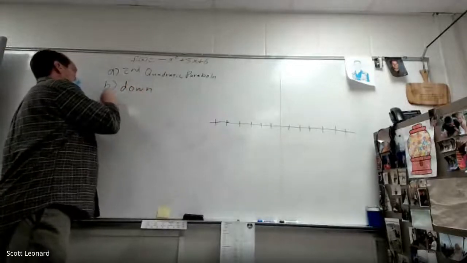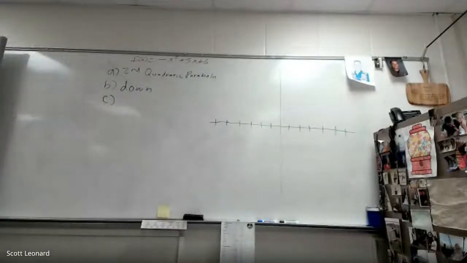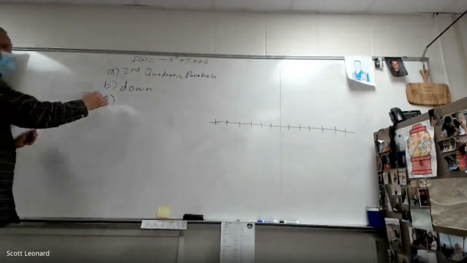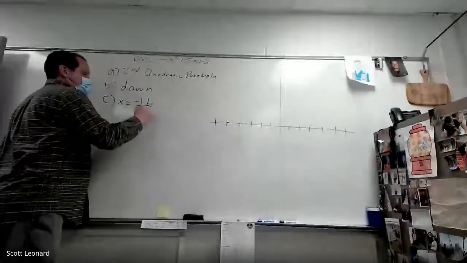Okay. Part C. Axis of symmetry. What's the little equation we gave you? X equals -1 times b over 2 times a.